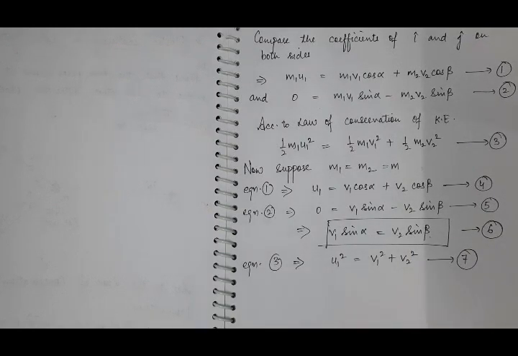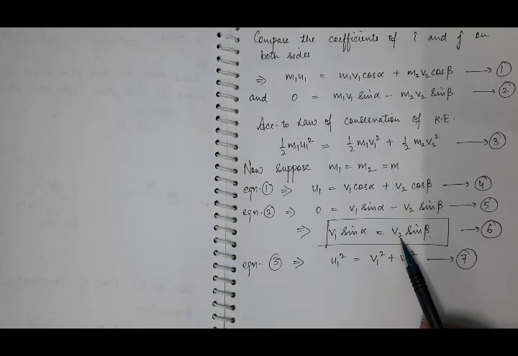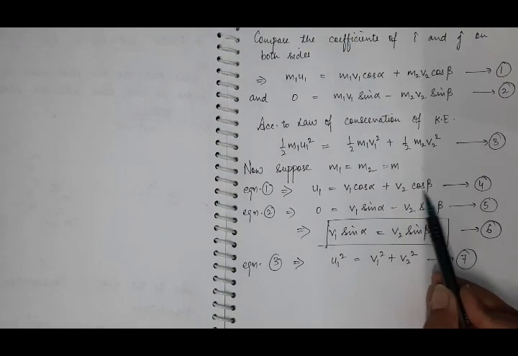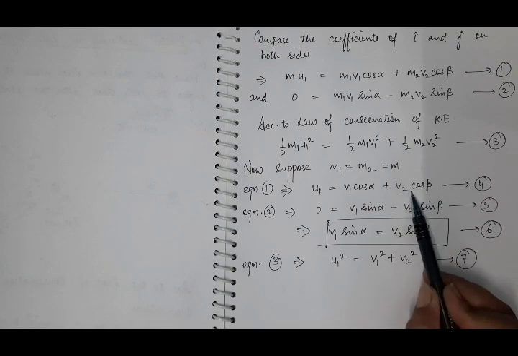What we have to do now is find the velocity after collision, meaning the relation of v1 with u1 and the relation of v2 with u2. Here we have v2 sin beta and in equation 4th we have v2 cos beta. So from equation 4th, find the value of v2 cos beta.